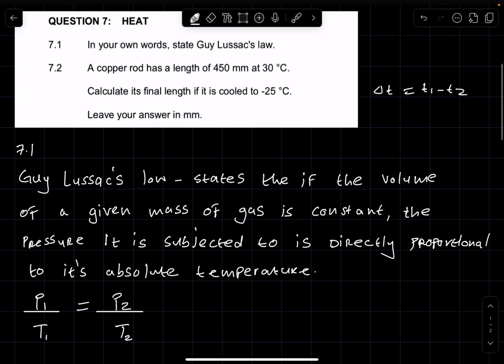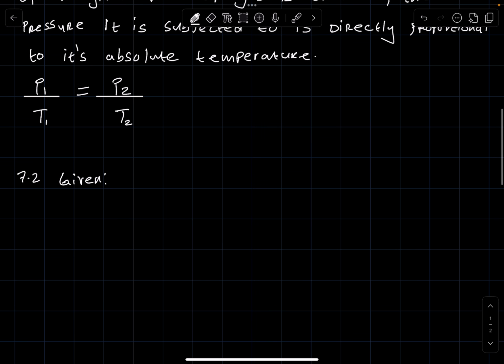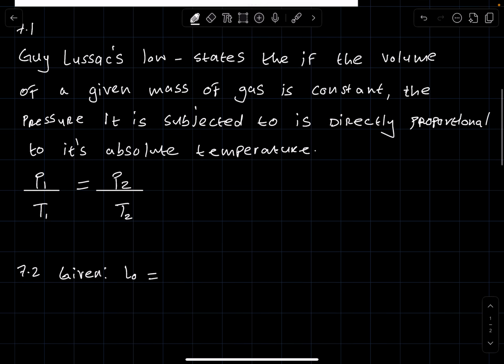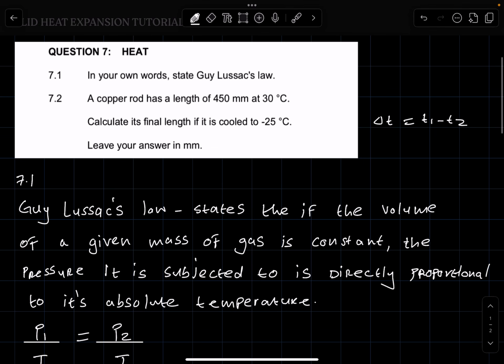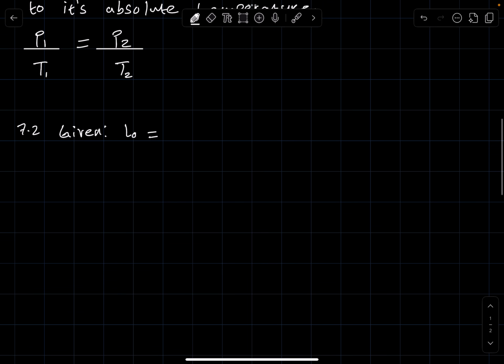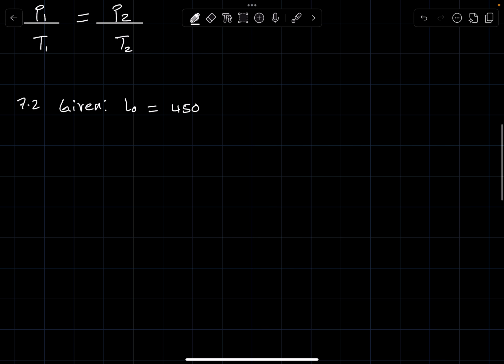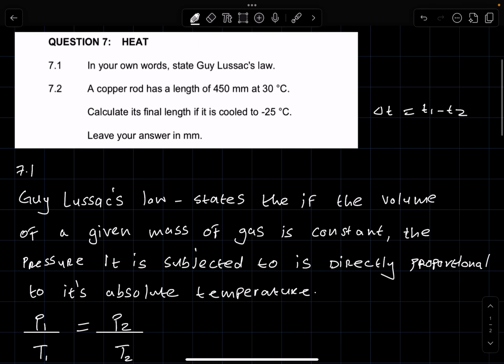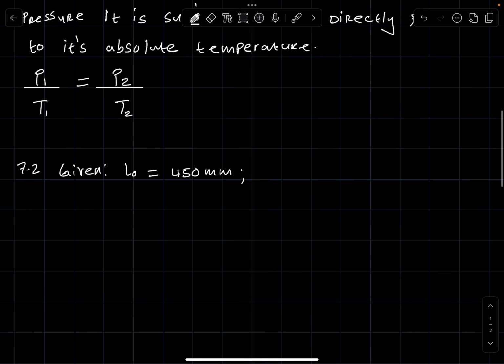All right, we have an original length, so I'll write this as L0 for original length. Original length is 450 millimeters, and then at 30 degrees, so that is T1.